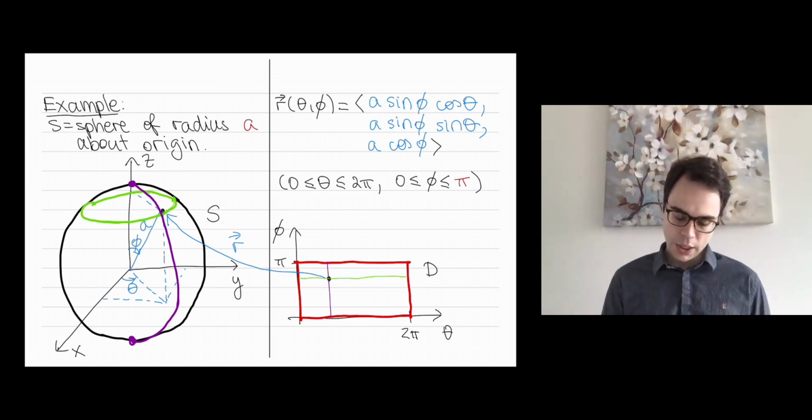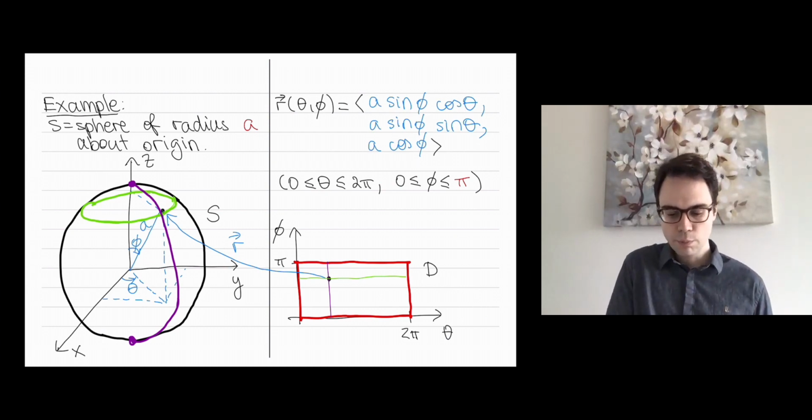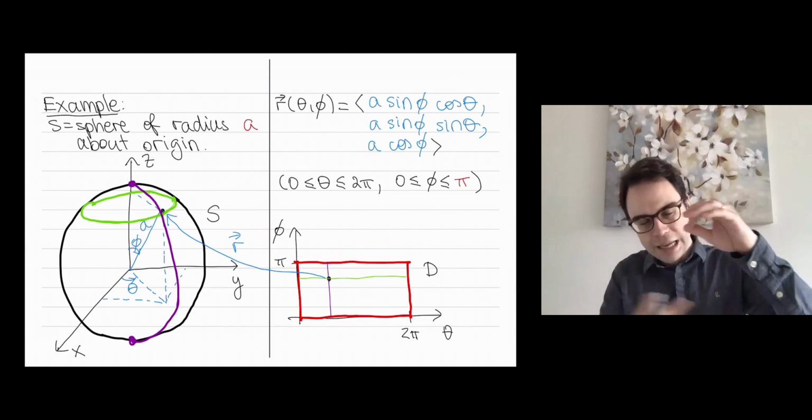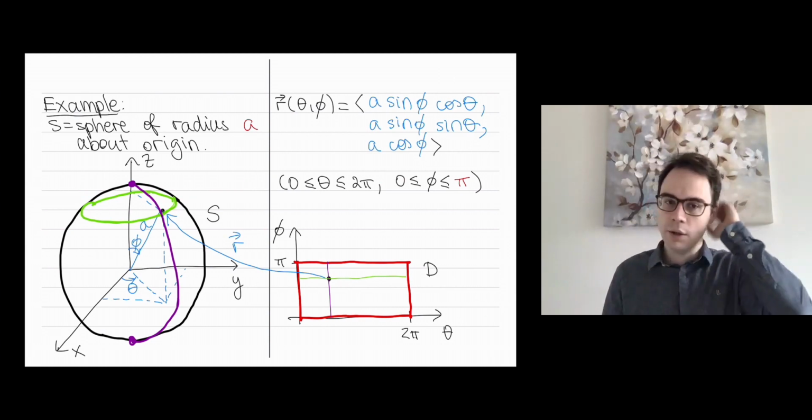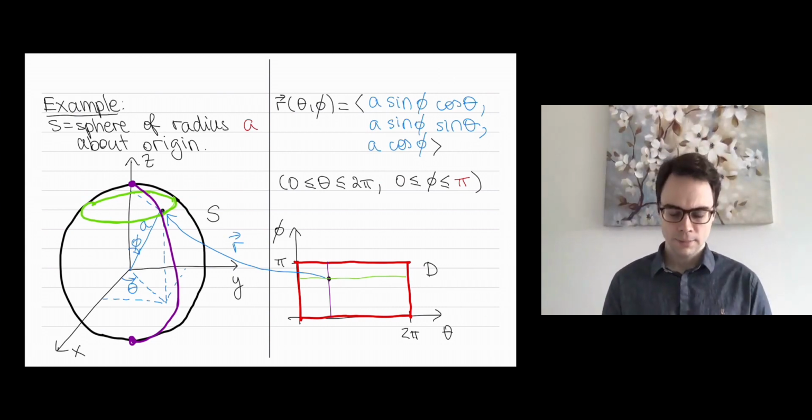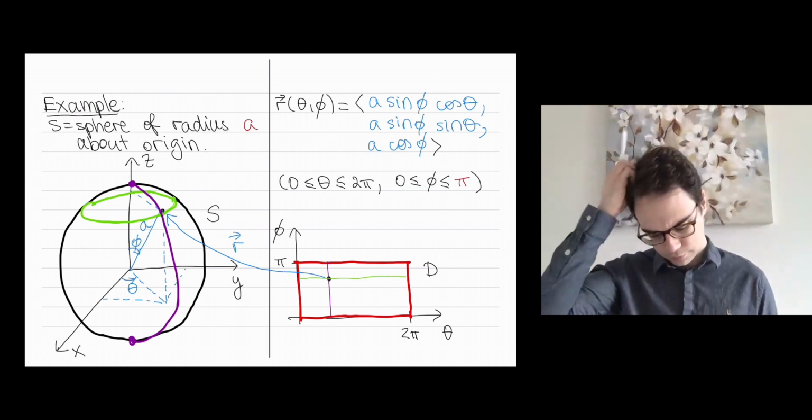So you see, with just these two ranges, if I rotate this purple arc with any possible green angle, I will indeed get every single point on the sphere.